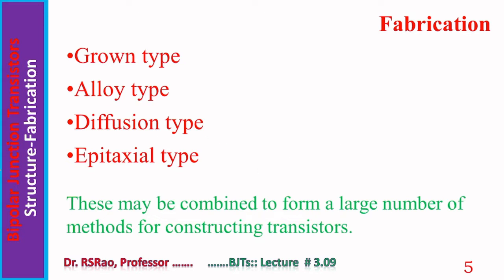Now, transistors may belong to the grown type, alloy type, diffusion type, or epitaxial type. These may be combined to form a large number of methods for constructing transistors. So grown type, alloy type, diffusion type, epitaxial type are the basic types as far as BJTs are concerned.